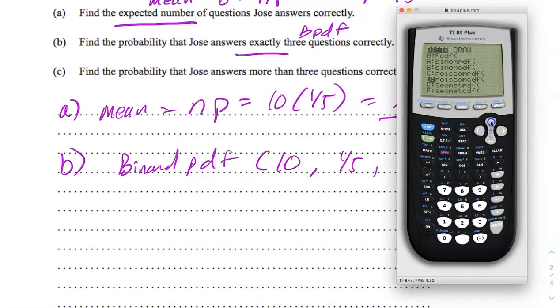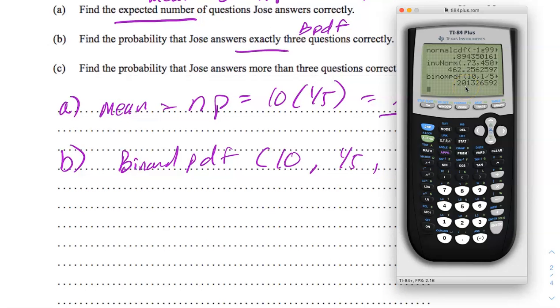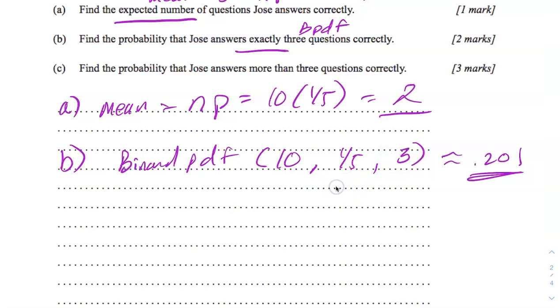Binomial is toward the bottom. Doing PDF because it's exactly. And we plug our stuff in. Trials is 10, probability is 1/5, 0.2 if you want, and then we want exactly 3. Hit enter. Again, 3 sig figs, 0.201. So about a 20% chance. There's a 20% chance to get exactly 3 correct.